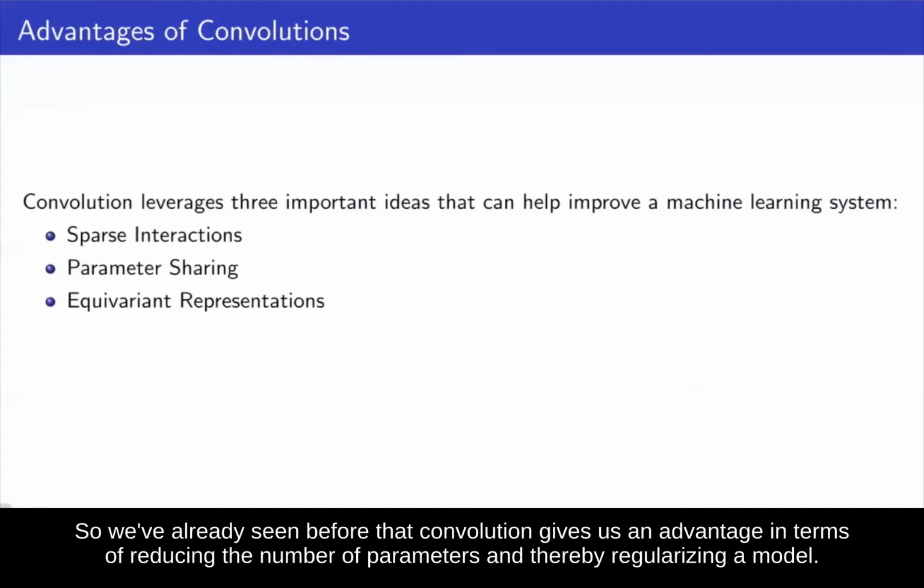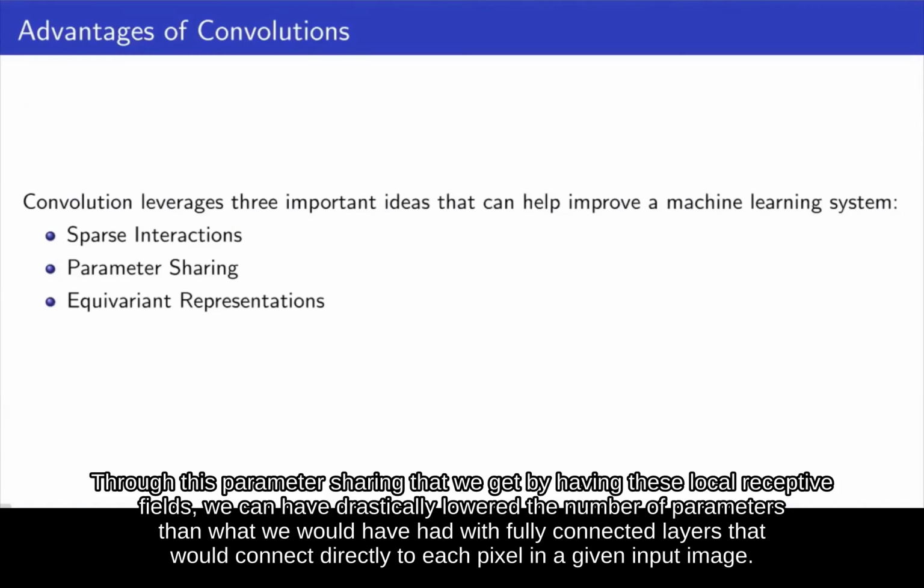So we've already seen before that convolutions give us an advantage in terms of reducing the number of parameters and thereby regularizing a model. Through the parameter sharing that we get by having these local receptive fields, we can drastically lower the number of parameters compared to fully connected layers that would connect directly to each pixel in a given input image.